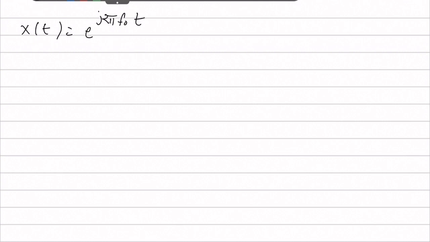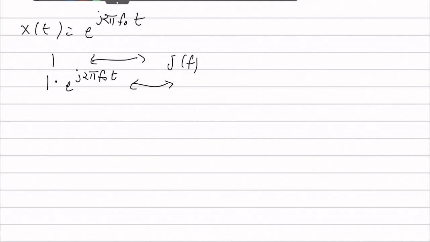We already have that a constant in the time domain is an impulse function, delta of f, in the frequency domain. So let's multiply our constant by e raised to the j 2 pi f naught times t. And from the frequency translation property, in the frequency domain, this will be delta of f minus f naught. So this is our answer.